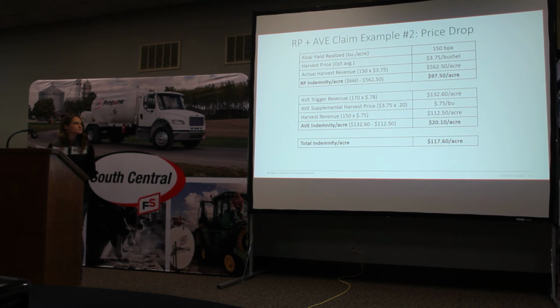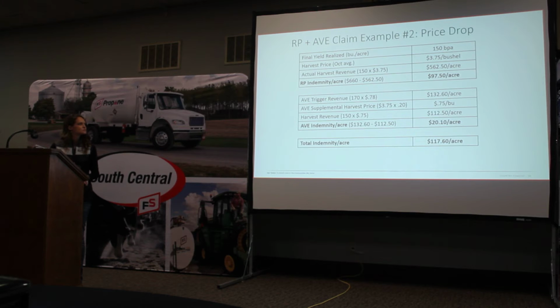Now, if the price drops, we have a revenue claim and an indemnity claim because we still harvested 150 bushel. Our price dropped to $375, so that increases our indemnity to $97.50. Well, look at what it does to our ABE. It increases it. So in that scenario, you're making $117 an acre off of that indemnity.